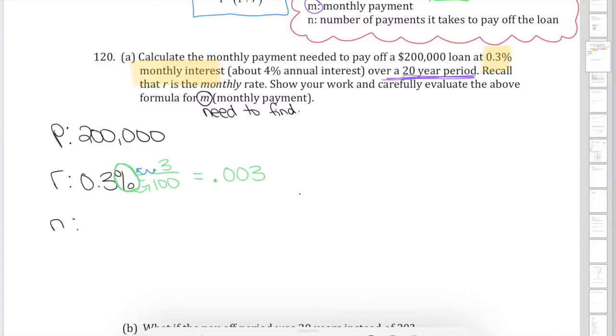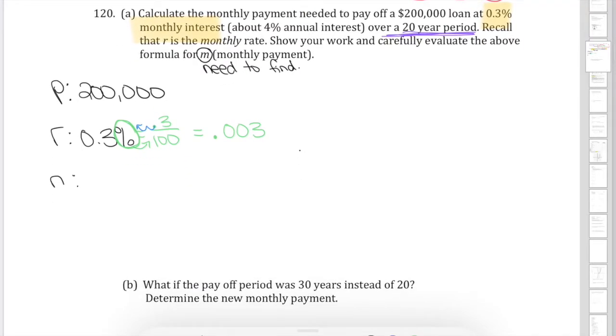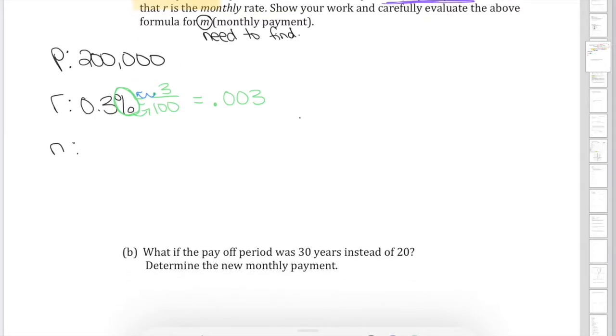You're not making 20 payments. You're making 20 years of monthly payments. Think about what that means in terms of what N needs to be. 20 years of monthly payments. How many total payments would that be? Okay, there are 12 months in 1 year.